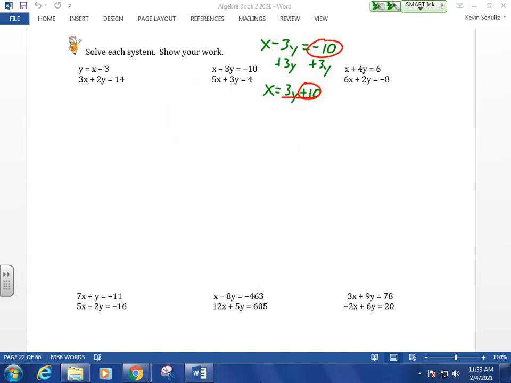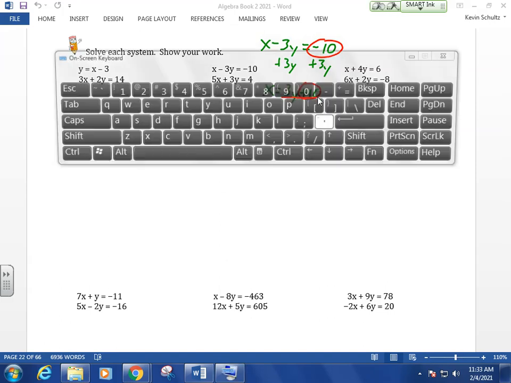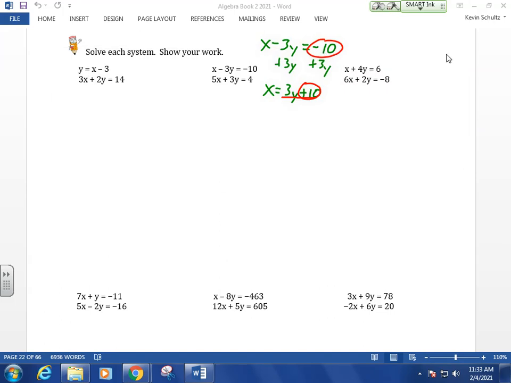Okay, so let's start over again. We are putting that x equals 3y minus 10 in for our x variable. And so we have 5 times 3y minus 10 plus 3y equals 4.